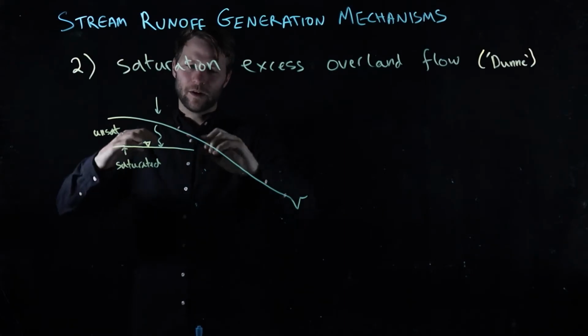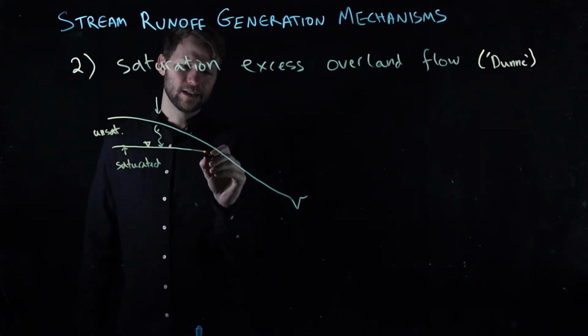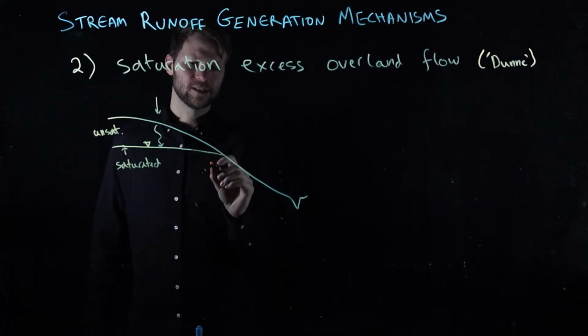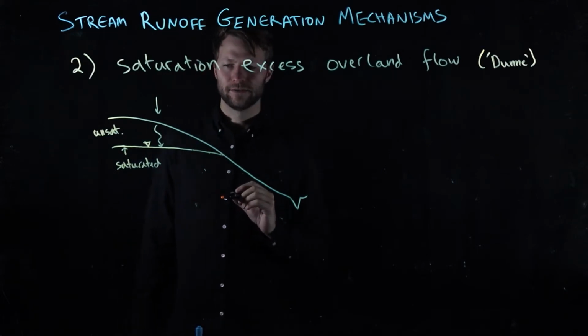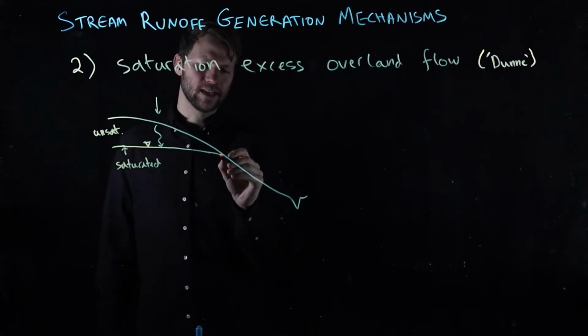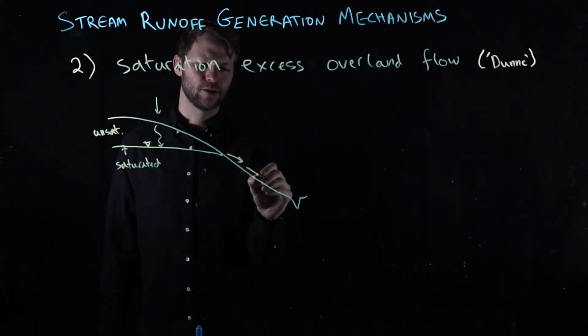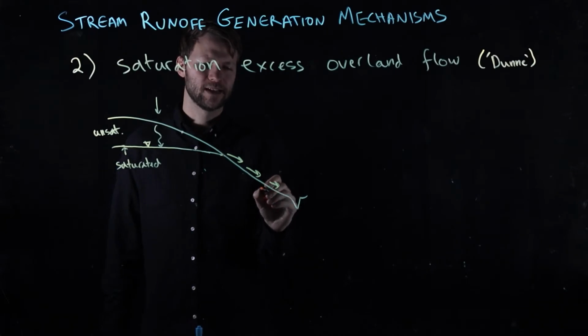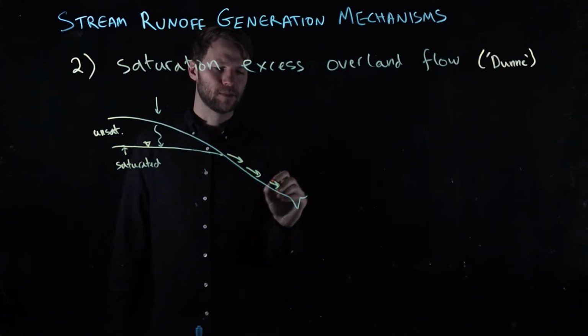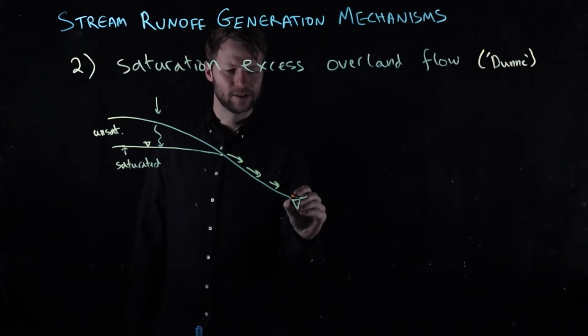And as the groundwater table rises, it can rise to the point where it actually intersects the ground surface. And where it does, where the water table is at the ground surface, water will tend to exfiltrate and flow over the surface as saturation overland flow on this part of the hill slope down to the channel itself.